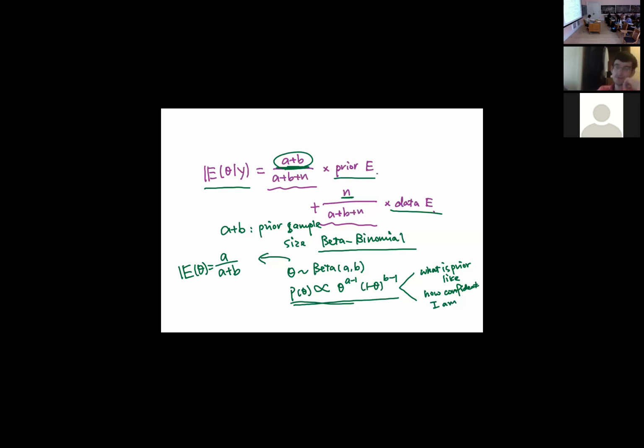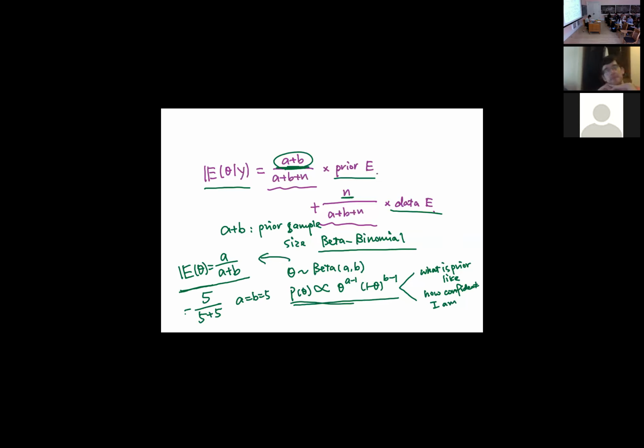I don't remember if I talked about this before, but maybe it should be in this class, because otherwise I don't know where I talked about this. But here, think about if I want to fix the mean of my prior to 1/2, I can do it as 5 over 5 plus 5, choosing A equals 5 and B equals 5.